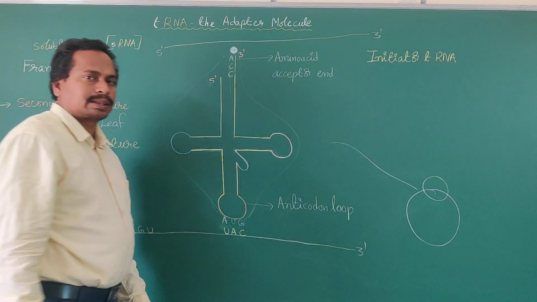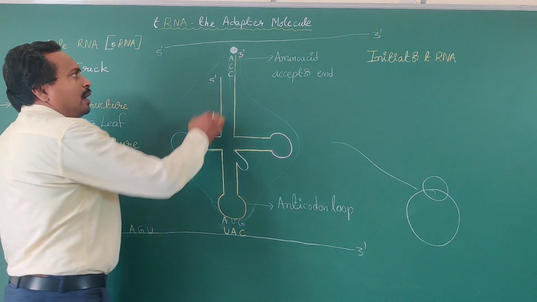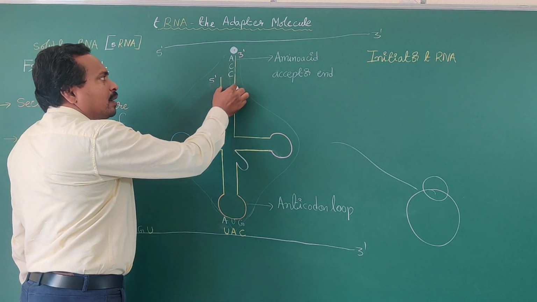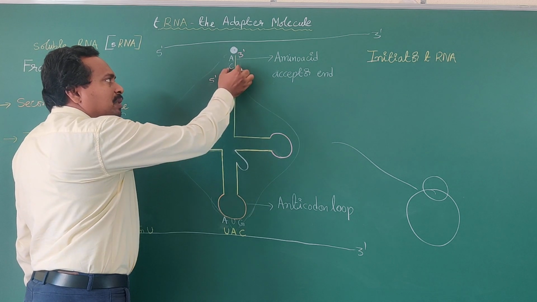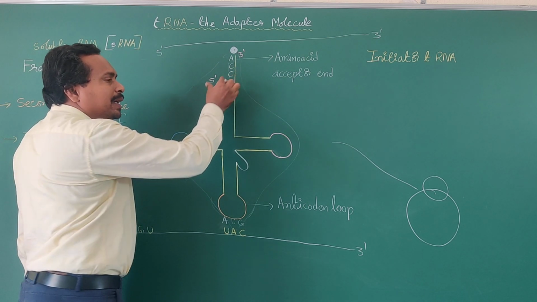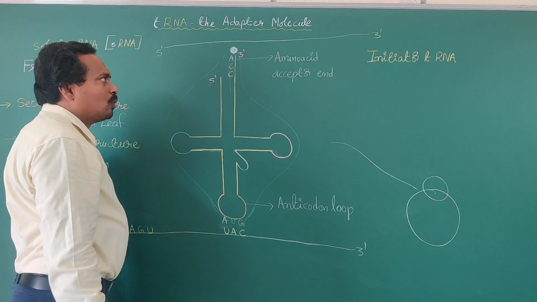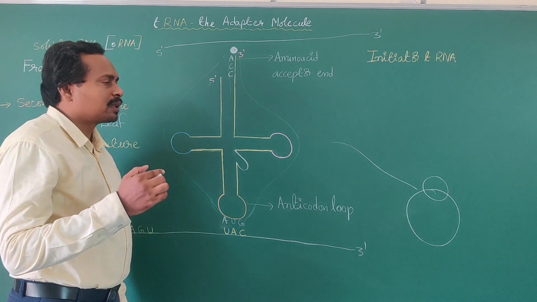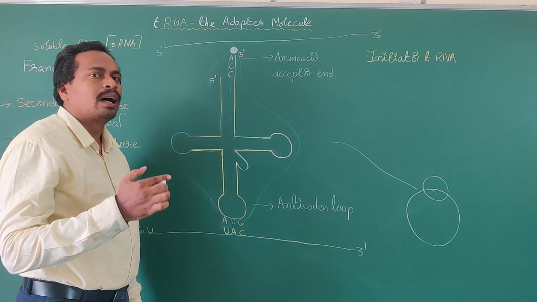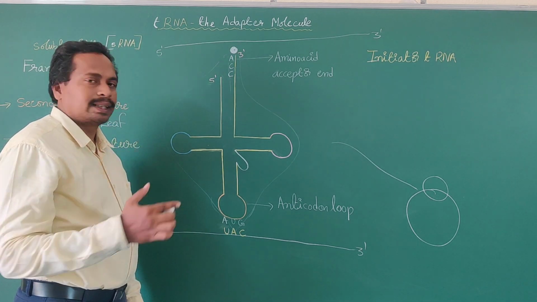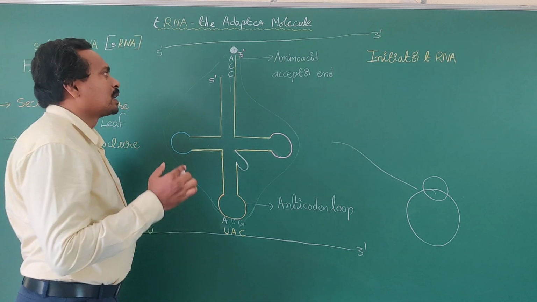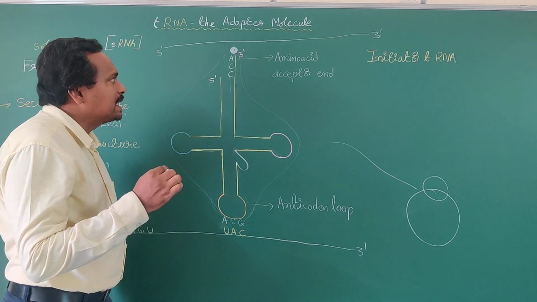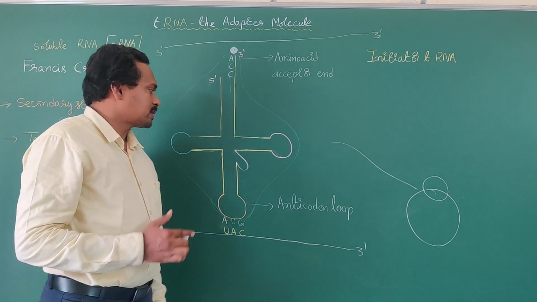Okay? What is the name of the 3' end? Amino acid acceptor end. What is the importance of the amino acid acceptor end? It is attached to the amino acid.